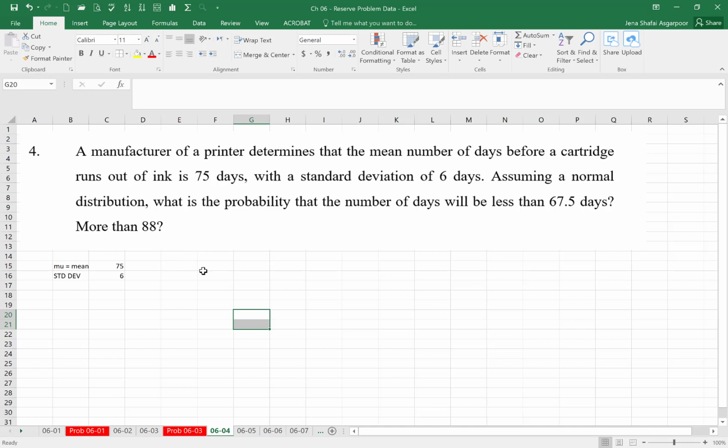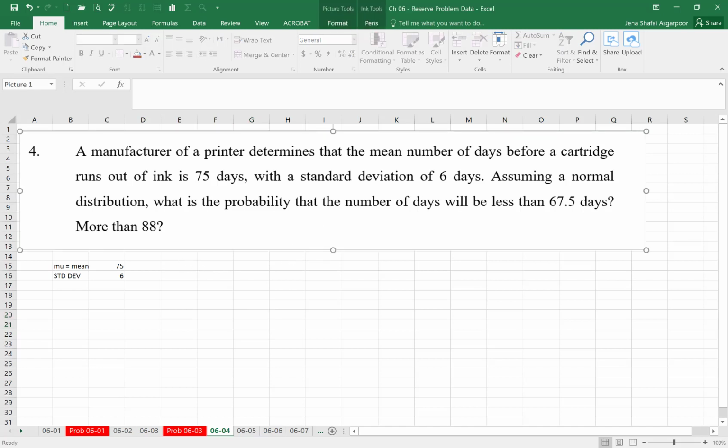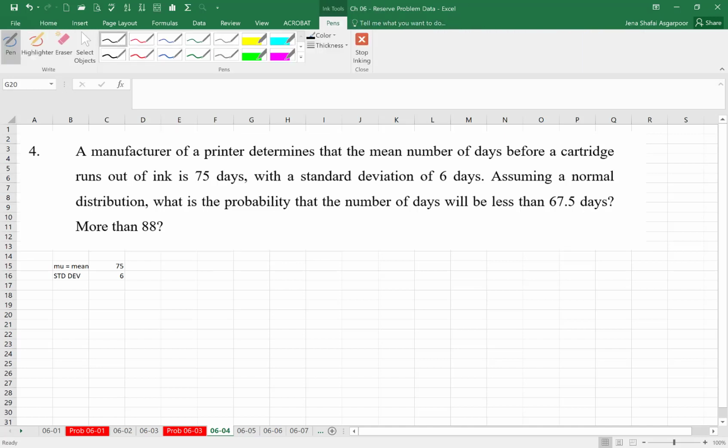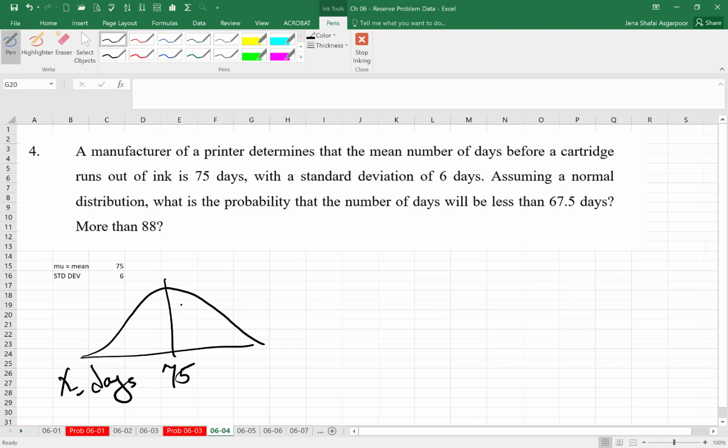67.5? So if the average is 75 days, and standard deviation is 6, what is the probability that the number of days will be less than 67.5?